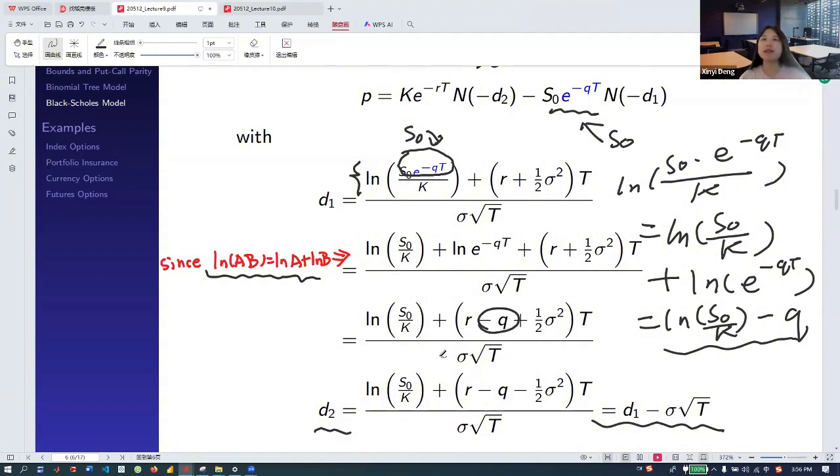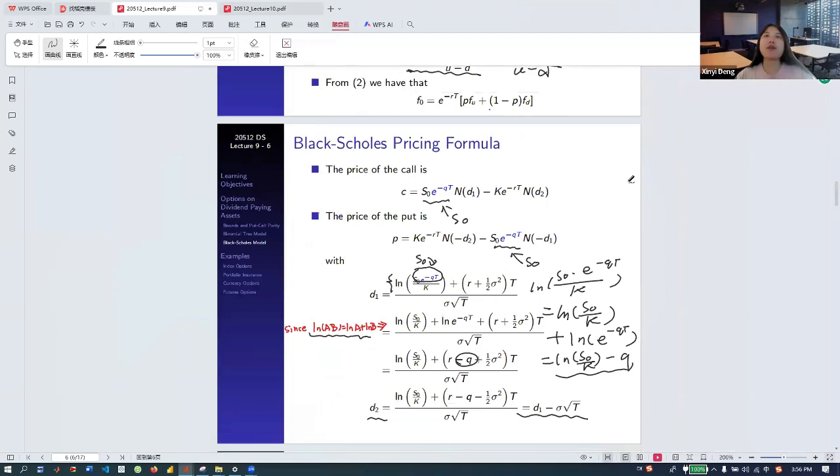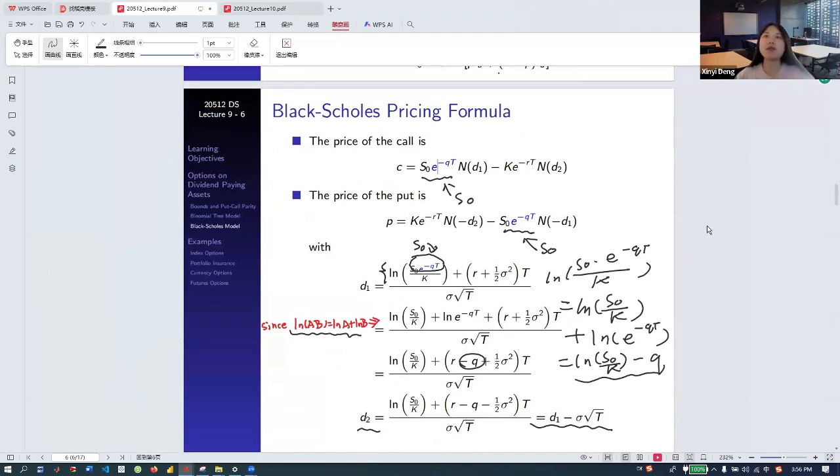So that's what's different in the Black-Scholes pricing formula for options on an underlying asset with continuous dividend yield.